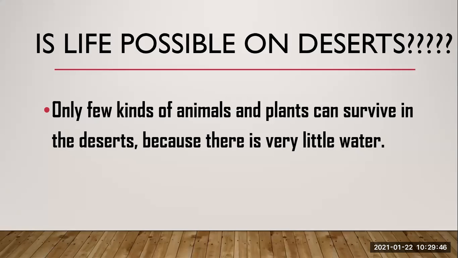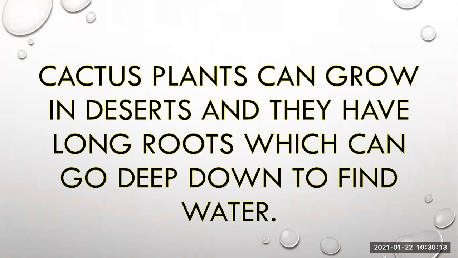Deserts are dry, sandy and barren lands, so it is really difficult for all living things to live in such an area. So Allah has given some animals and plants the capability to survive in the presence of little water. Only such animals and plants can grow in the deserts.